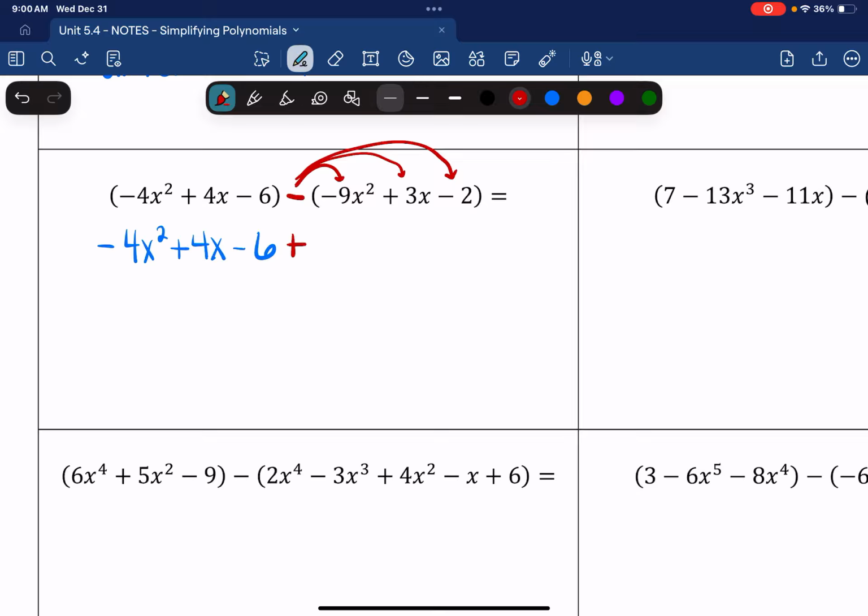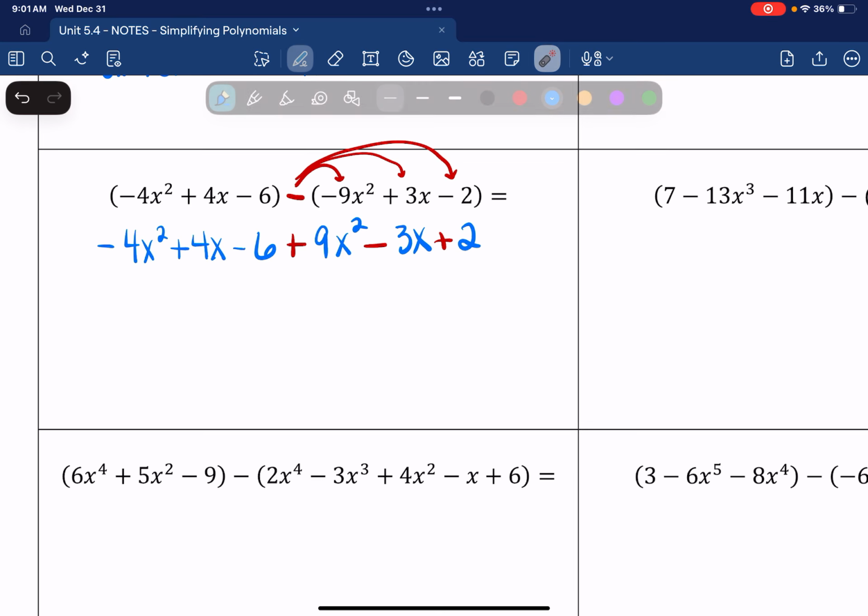So we have plus 9x squared, that sign changed, minus 3x, and minus a negative 2. That really means plus 2, right? Do we see that? This sign changes to plus, the plus 3x changes to minus 3x, and the minus 2 changes to plus 2.